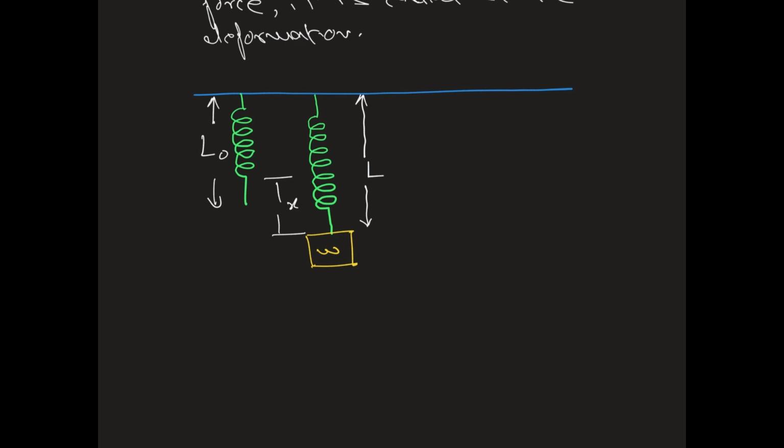So by the diagram only we can understand this change in length: X is equal to L minus L naught. This change in length is called extension. Now what is extension?